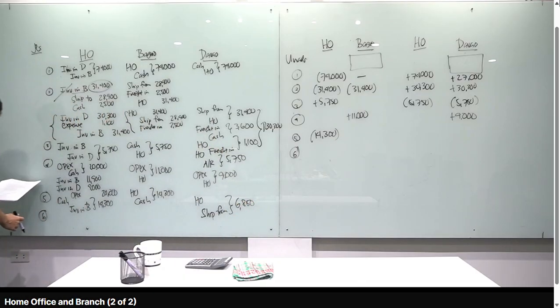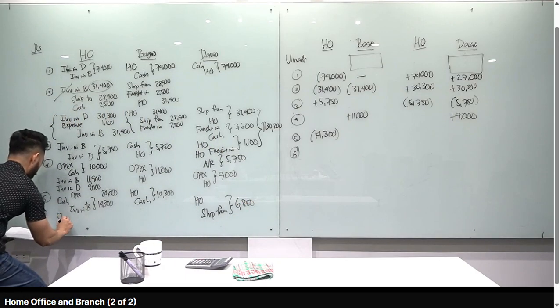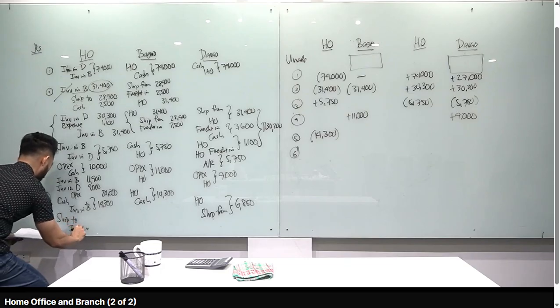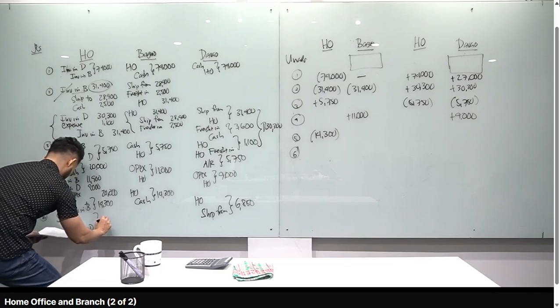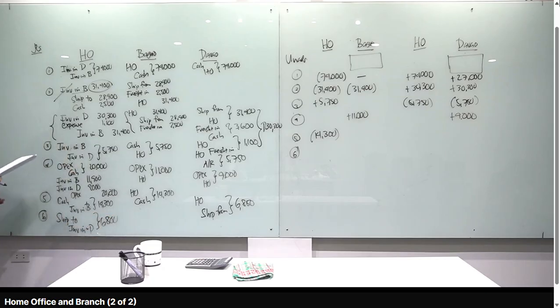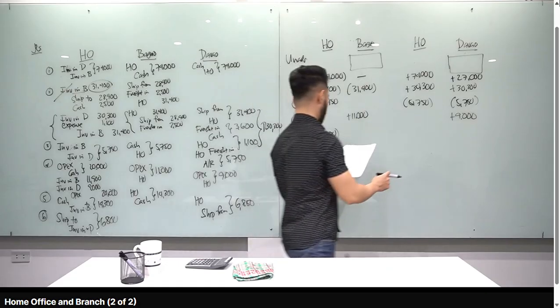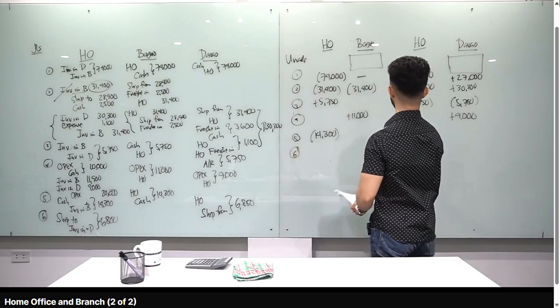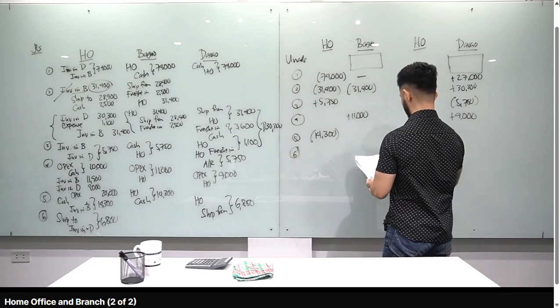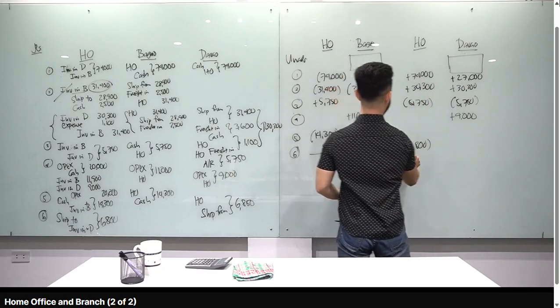So, books naman ni home office, meron siyang debit shipment to, kasi binalik sa kanya. Credit investment in Davao, 6,850. Okay. Sabi dyan, hindi pa daw nare-record ni home office. So, kailangan decrease niya yung investment in Davao, kasi credit. Minus 6,850. Yun. Okay. So, sana makuha natin, sana mabalanse siya.